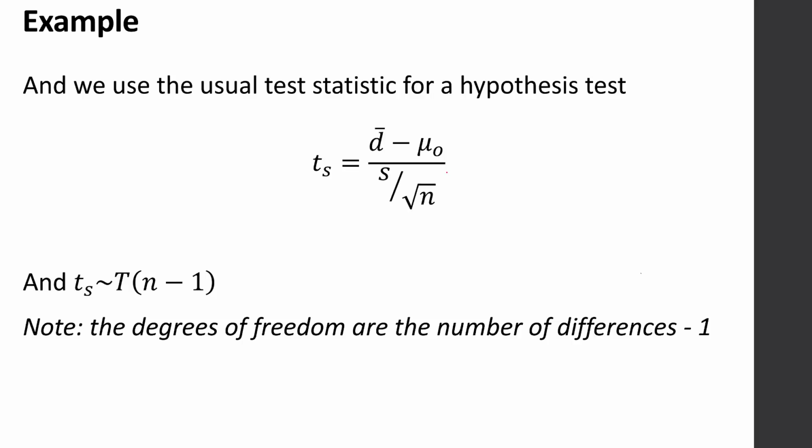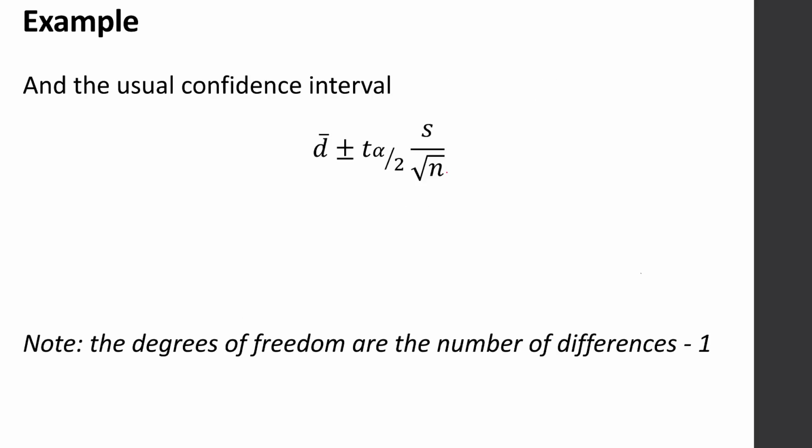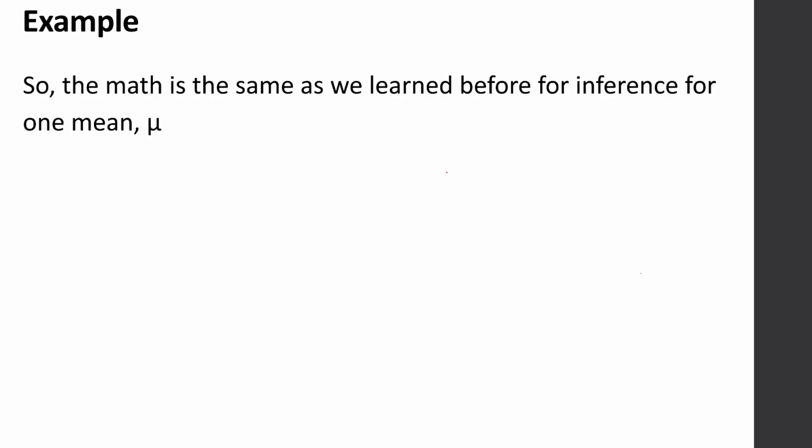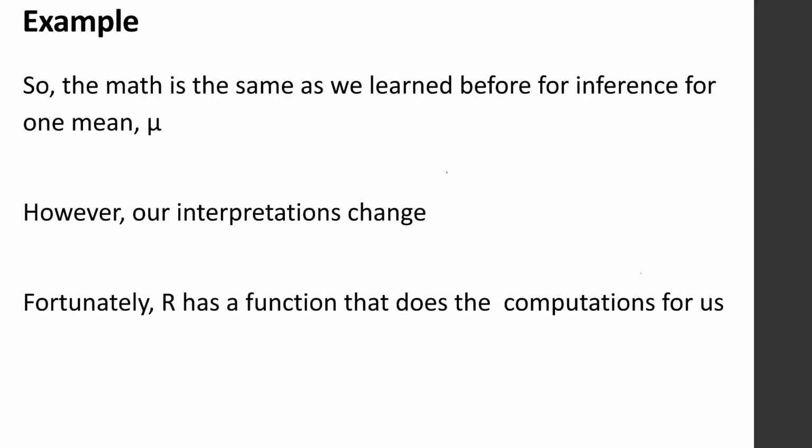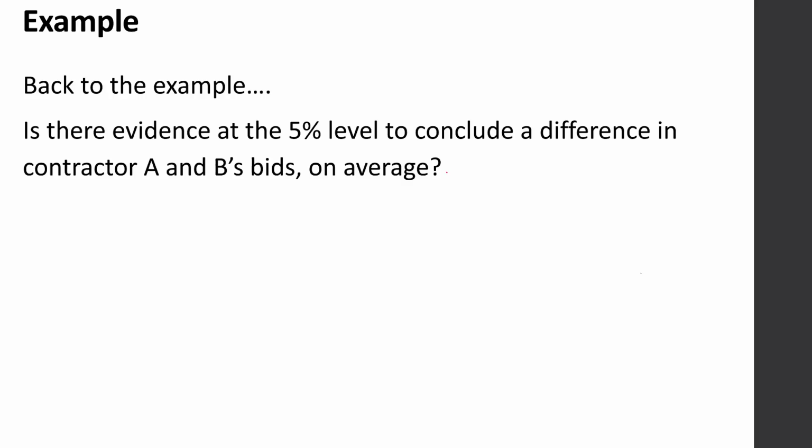That is a t-distribution with n minus 1 degrees of freedom, and the confidence interval is the same as we did before too. The sample mean plus or minus the t-critical point times S over the square root of n. So the math is the same as we learned before for inference for one mean mu. However, our interpretations are going to change. And fortunately, we can use R's built-in function that does the computations for us.